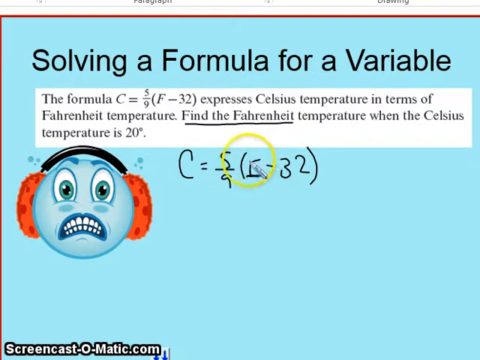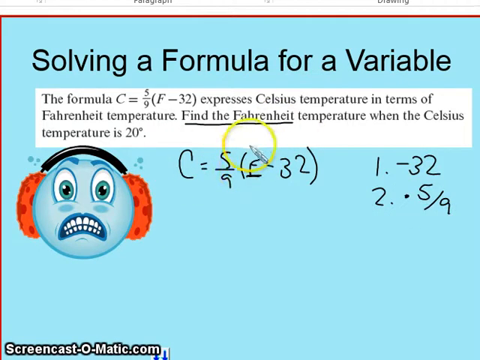Now, if I knew what f was, the first thing I would do would be to subtract 32. And then, after I subtracted 32 from f, I would divide by 5/9, or I would multiply by 5/9. And then I would have my Celsius temperature.